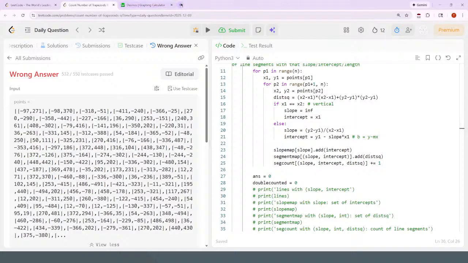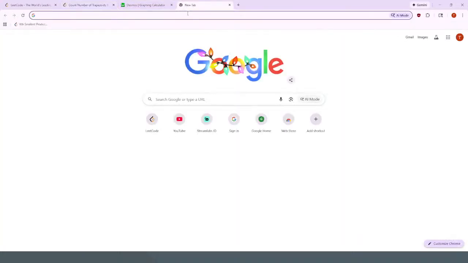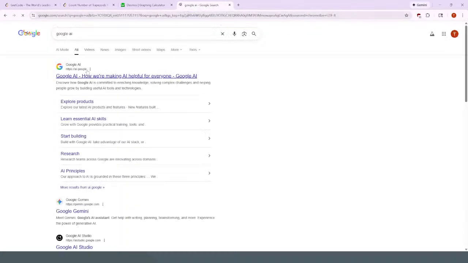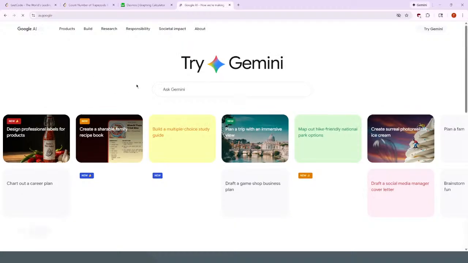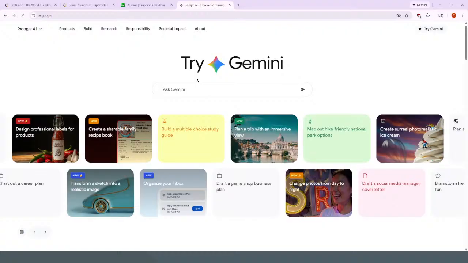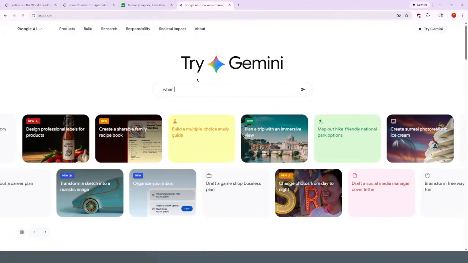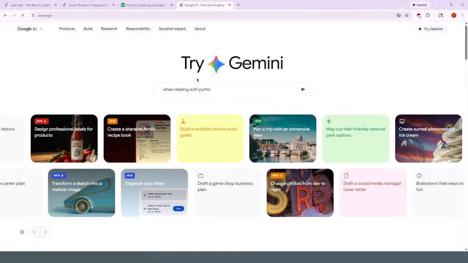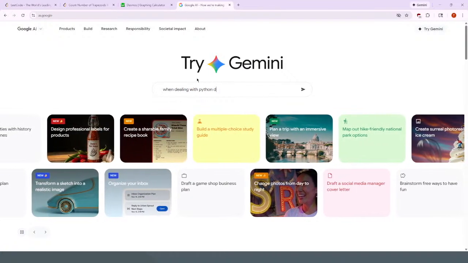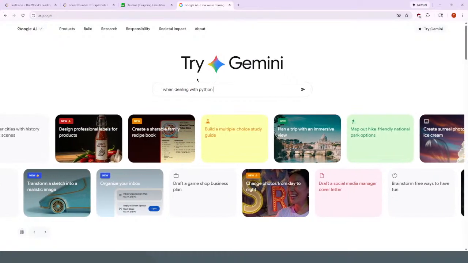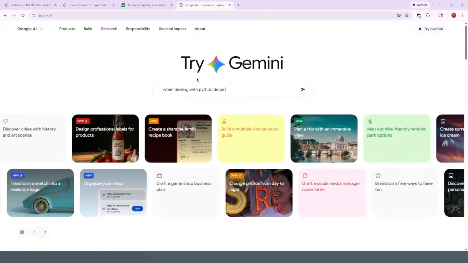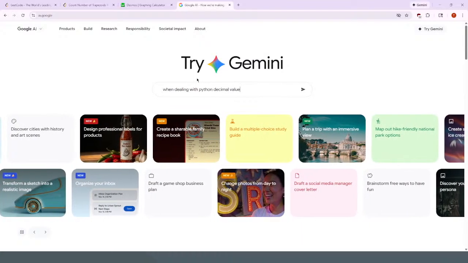Okay. Let's ask Google AI, Gemini. When dealing with Python decimal, I guess, is this real? Is this a double? Decimal values.